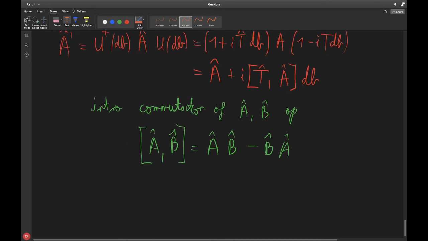So again, an example is that if you rotate an object in the xy plane first, and then you rotate out of the plane, that's not the same as doing the out of the plane thing first, and then rotating inside the plane.